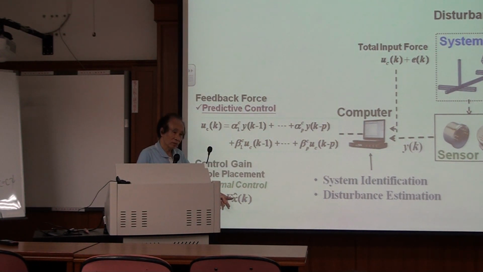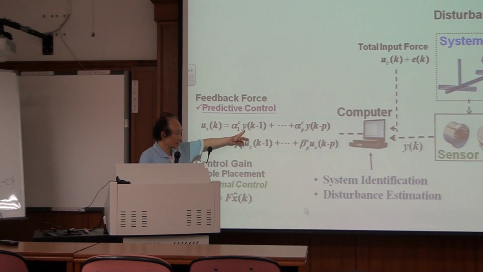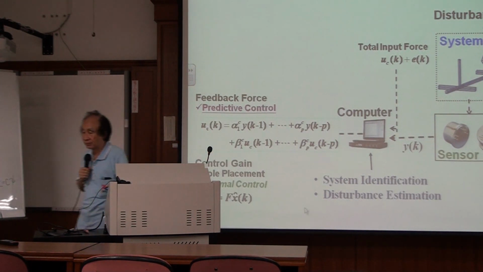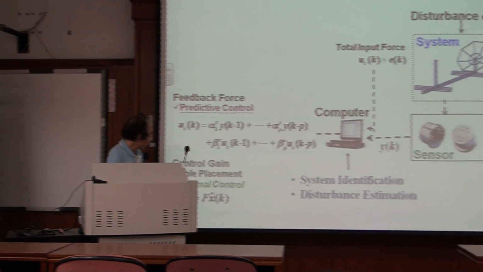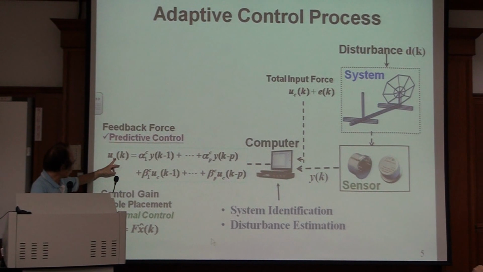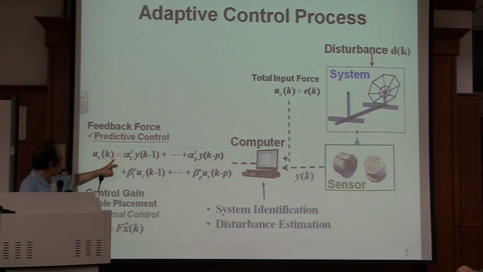No state here, no x hat. We don't need x hat. We need the past output measurement. We need the past input measurement. That's another control method, our UCK. We can look at this, u equal to that UCK. But here we need an observer. There we don't need an observer.